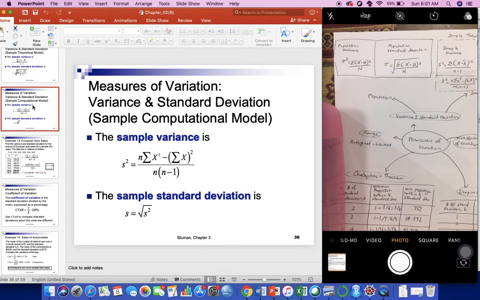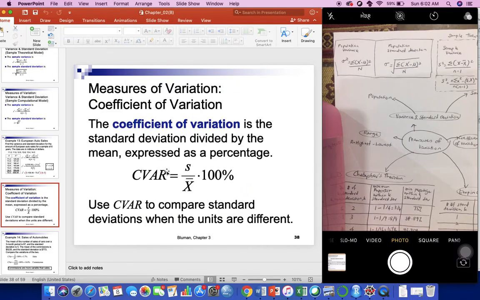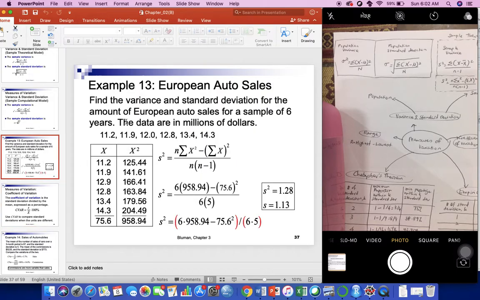Okay, for this example, find the variance and standard deviation for the amount of European auto sales for a sample of 6 years. The data are in millions of dollars. So you will have 11.2, 11.9, 12.0, 12.8, 13.4, 14.3 here.